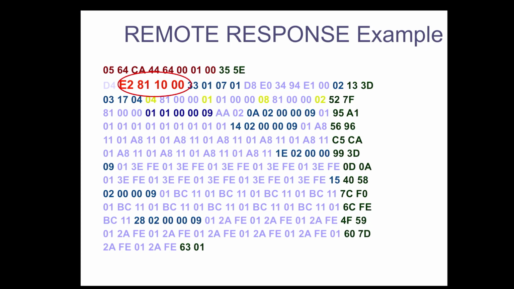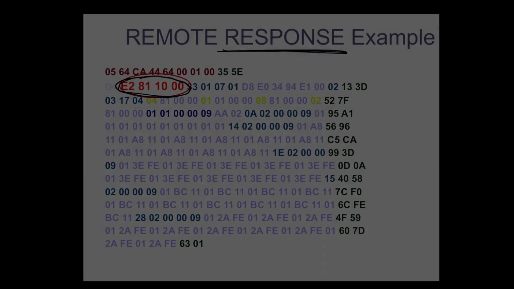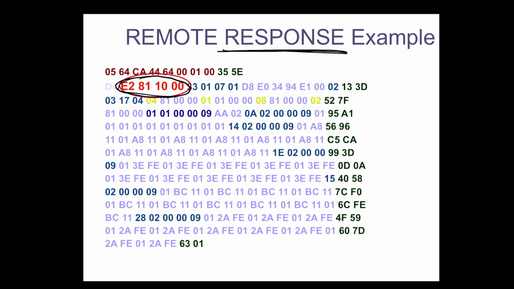Okay, so let's look at the response here and this 4-byte application header. So notice how now we've targeted 4 bytes because we know this is a response. So when it comes to a response, we know it's a 4-byte value that we need to work with. Okay, so the 4-byte response application header.